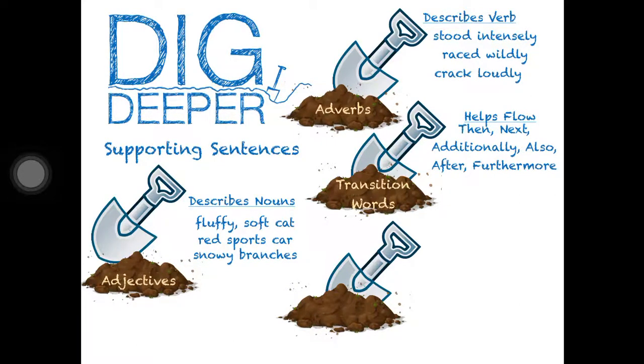We have then, next. Obviously, that's why I say you're not going to use next in a first supporting sentence. So some of these just wouldn't work for a first supporting sentence after your topic sentence. Okay, but additionally, also, after, furthermore, these are all good transition words.